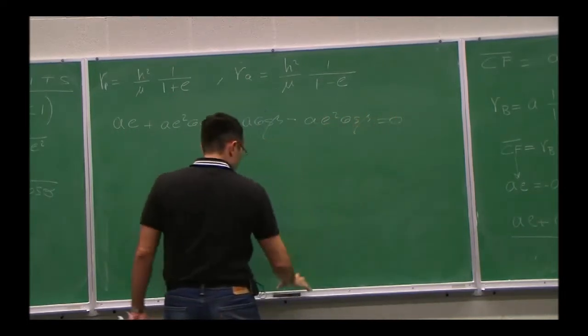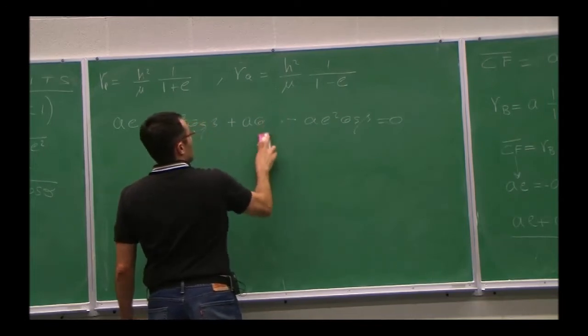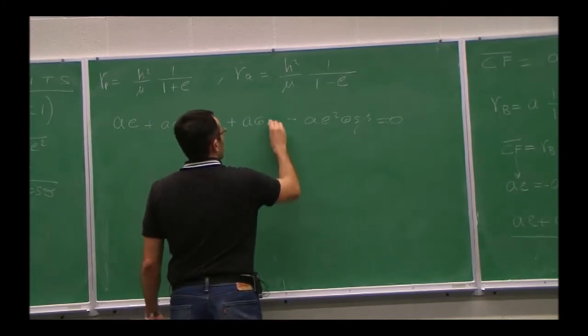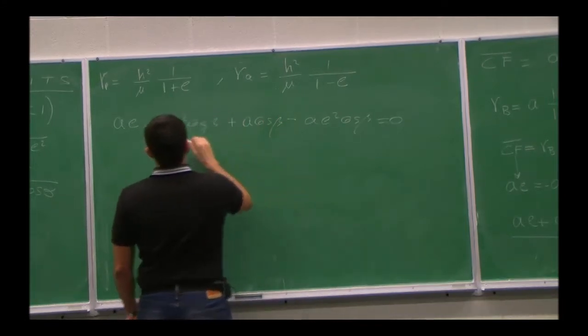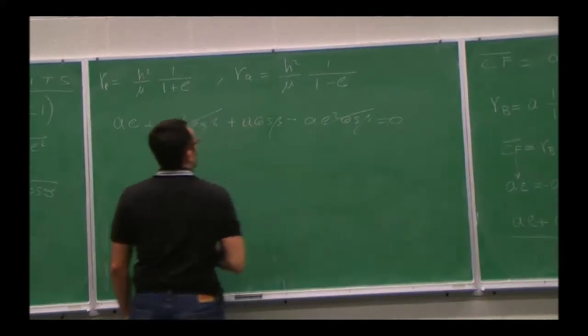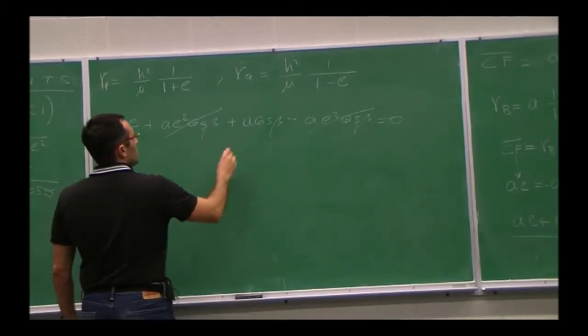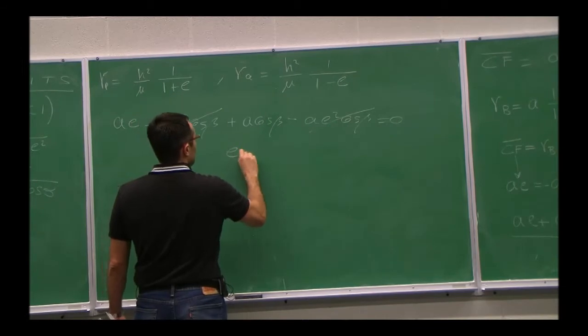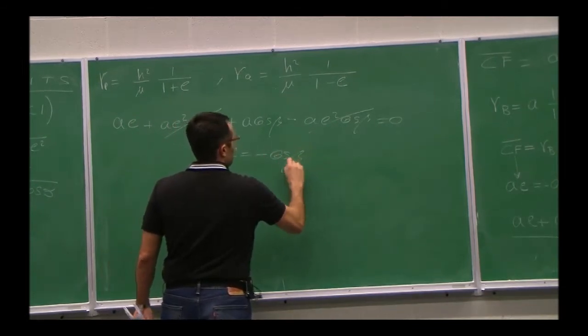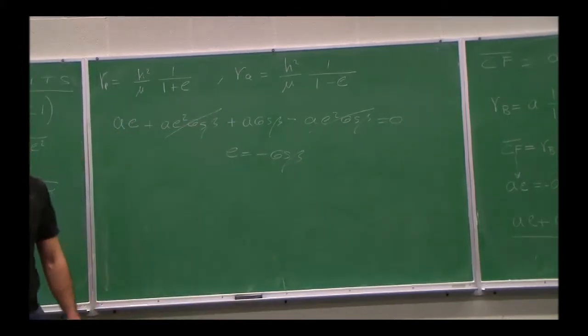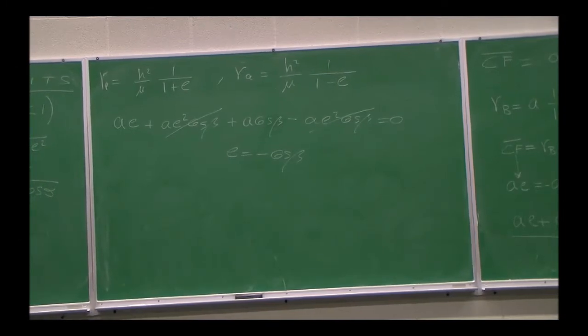This needs to be equal to 0, right? This is a cosine of beta. Okay, these two go away. I like that. So in the end, my E is going to be equal to minus cosine of beta, or if you want, cosine of beta is minus E. So that's the relationship between that angle and E. So depending on the eccentricity, that angle will change.